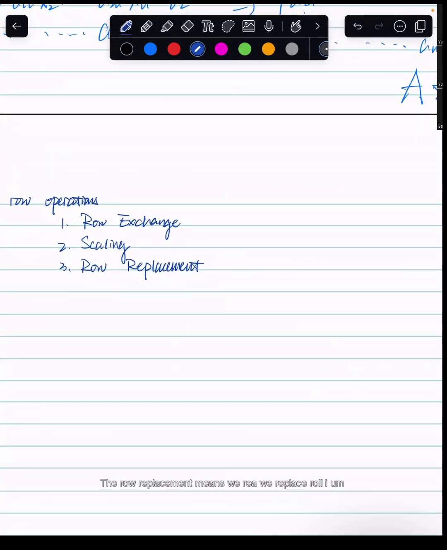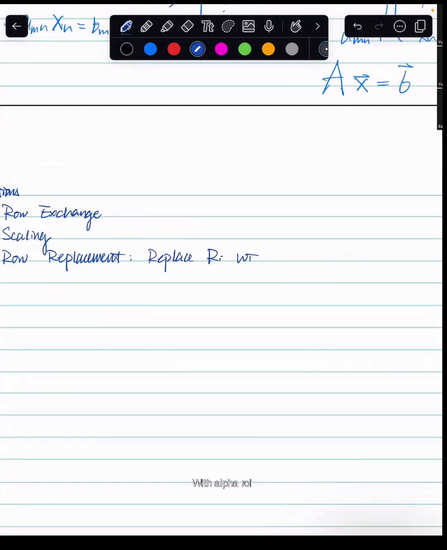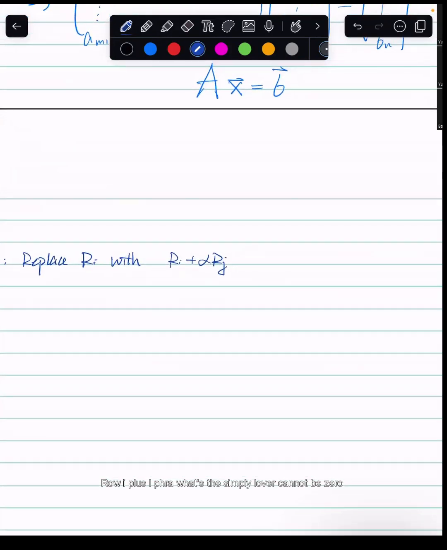So row replacement means we replace row i with row i plus alpha row j. Alpha cannot be zero.